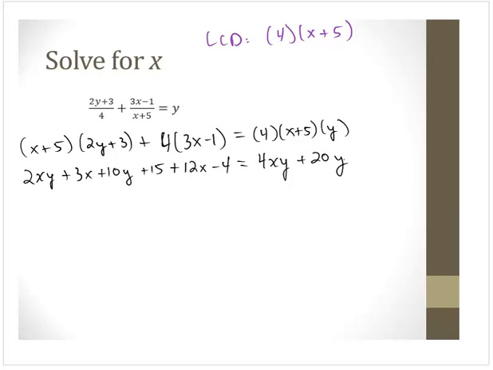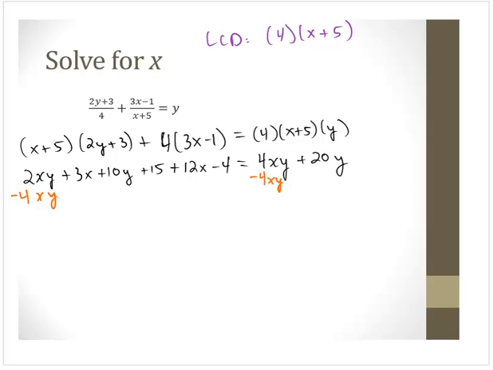Now, I was asked to solve for x, so I'm going to get everything with the x on one side and everything without the x on the other side. I want everything with the x on the left. So let me subtract a 4xy.